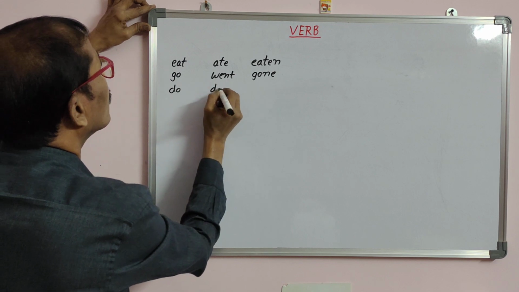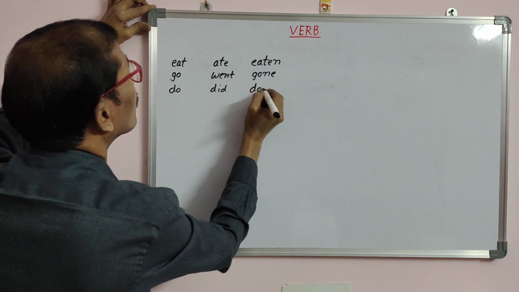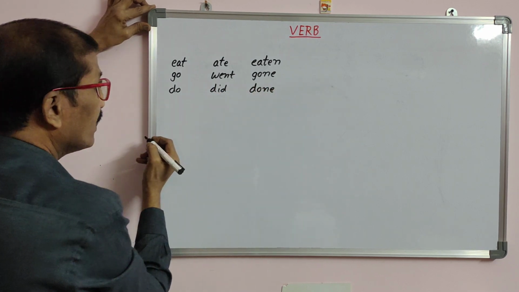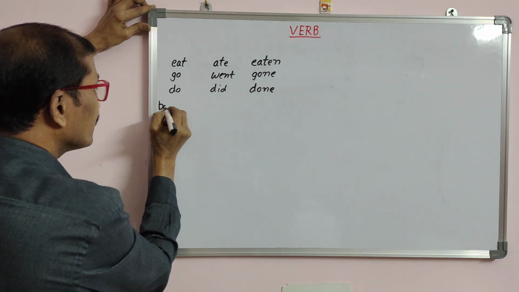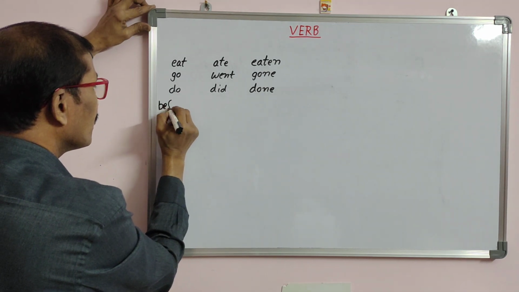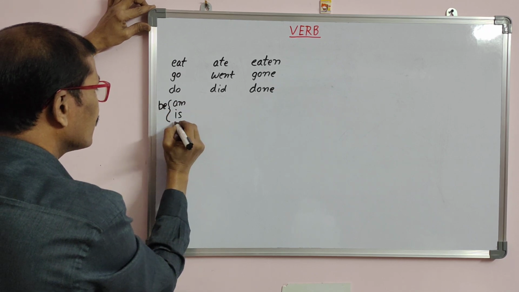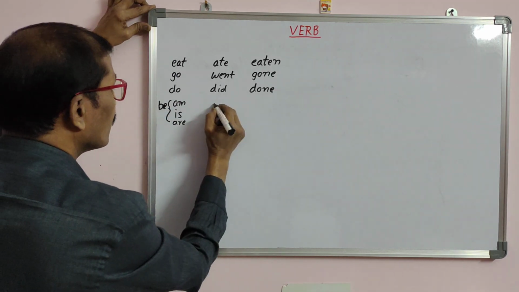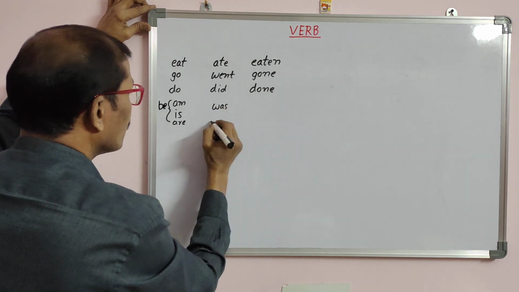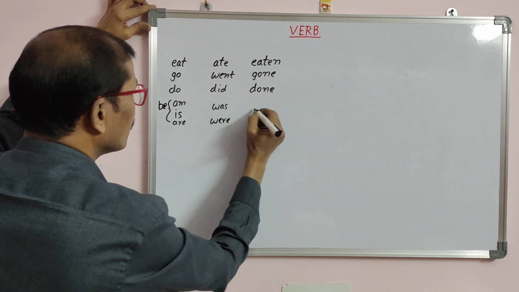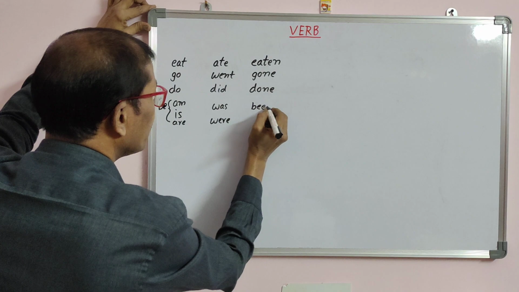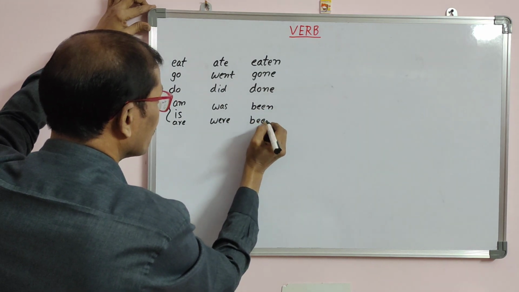Do, did, done. Okay, some be forms are there. I will talk about them later. But the be forms are am, is, are, was, were. And for all these, been is the third form.